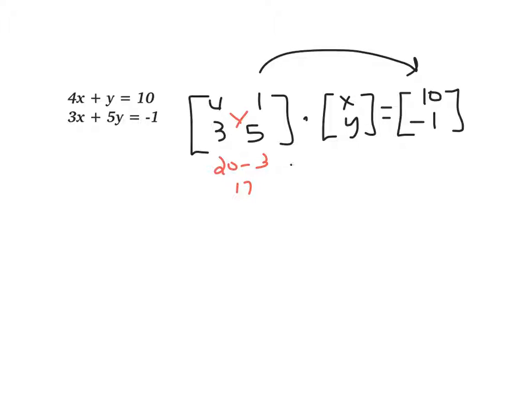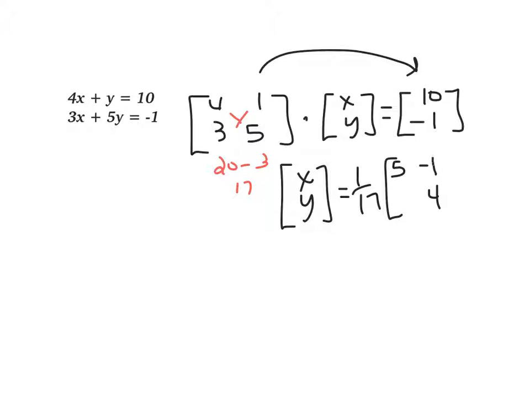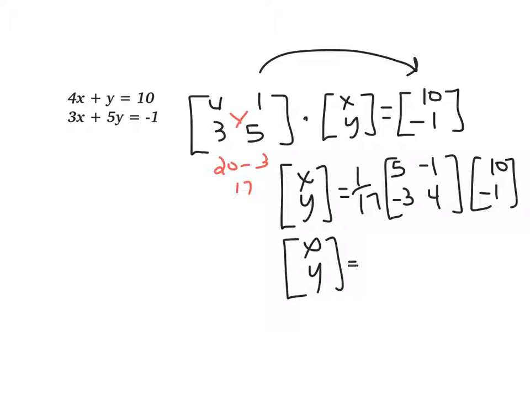So when I move it over, remember the reciprocal, the 1/17 goes on the outside. Switch places with the 4 and the 5. Switch signs on the other two. And don't forget this one. Now, my advice is usually always leave that 1/17 to the very end. So I'm going to leave it sitting out here.